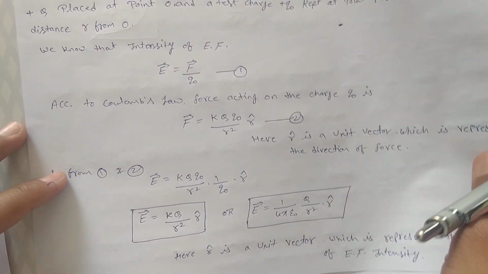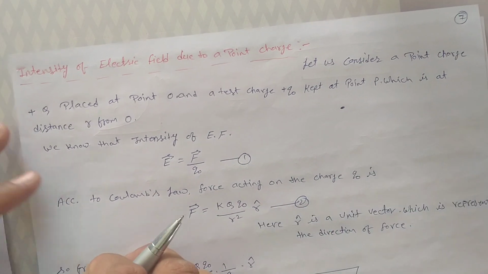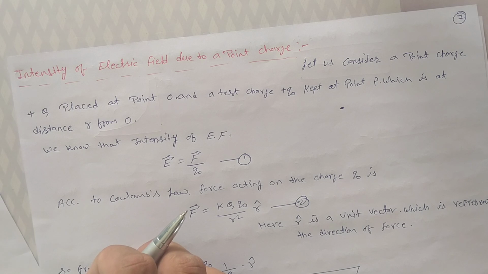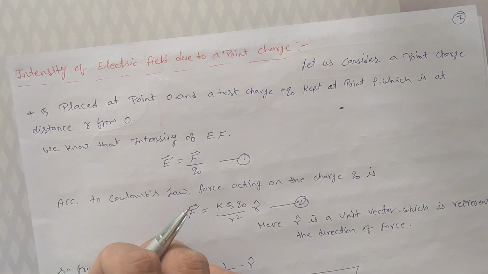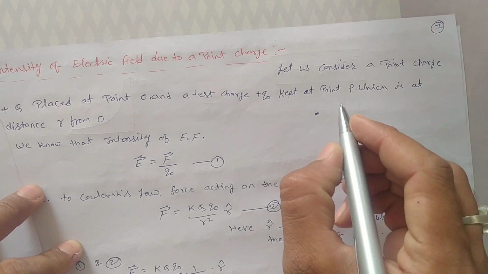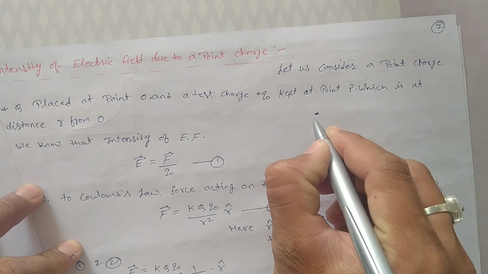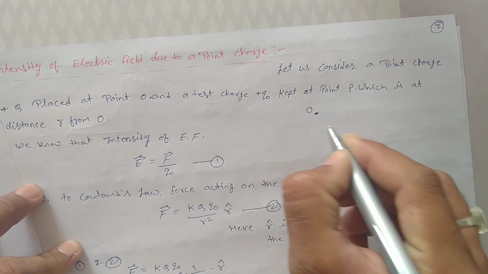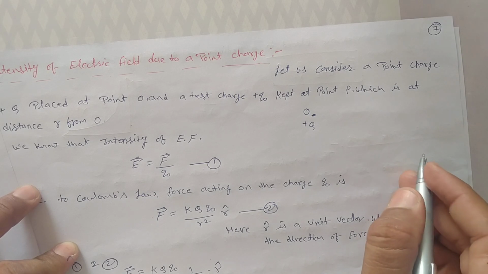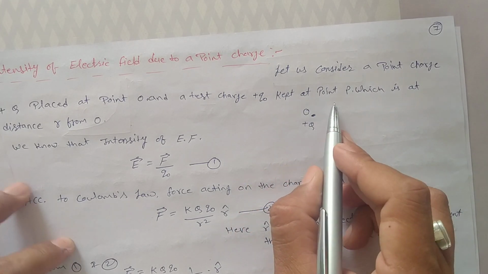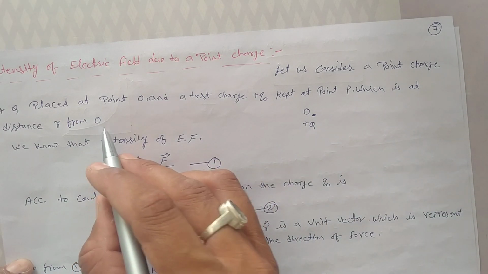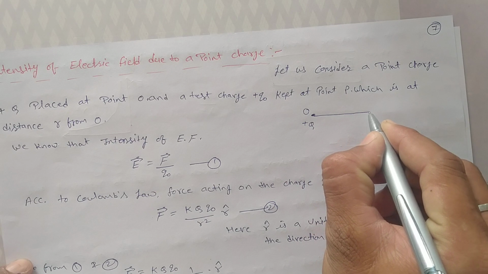Next topic, intensity of electric field due to a point charge. Suppose we have a point charge plus Q placed at point O, and a test charge plus Q naught kept at point P. Point P is at distance small r from O, like this.